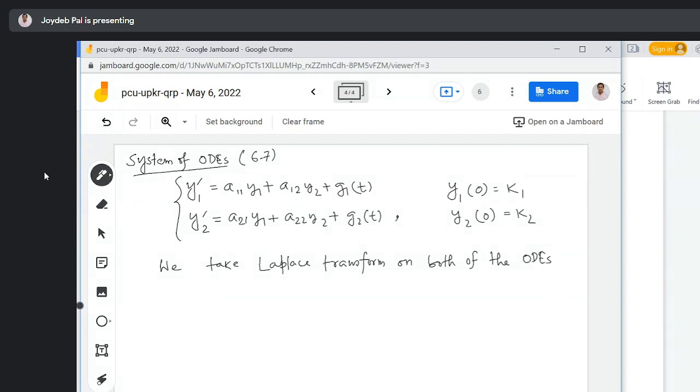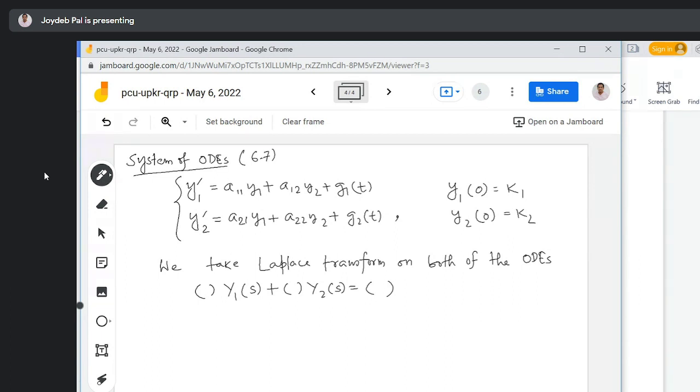So the first ODE is reduced to this type: something into Y1(s) plus something into Y2(s) equals something, where Y1(s) and Y2(s) are the Laplace transform of small y1 and the Laplace transform of small y2. Okay, so that equation is coming from the first.